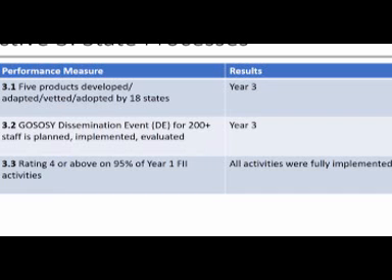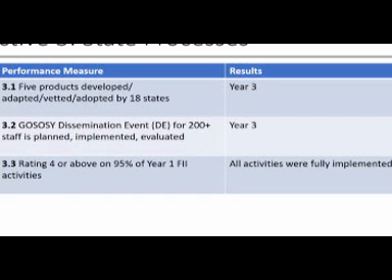And 2.4 is again another consortium objective regarding completion of activities. Objective 3, most of this is going to be in year 3. We are going to be talking at the SST meeting in October about the products that are developed, adapted, and vetted by all 18 states.